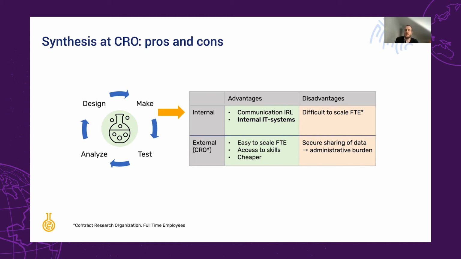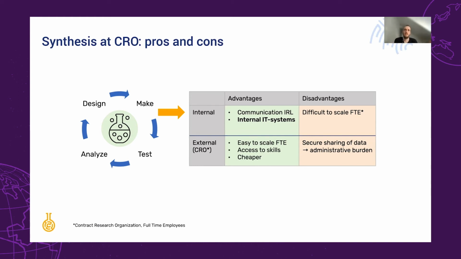Internal synthesis certainly has the advantage of really efficient communication with colleagues and the use of all internal IT systems, which are super optimized for the team to work quickly. But internal synthesis, unfortunately, has the disadvantage that it's difficult to scale if one needs a large amount of capacity.